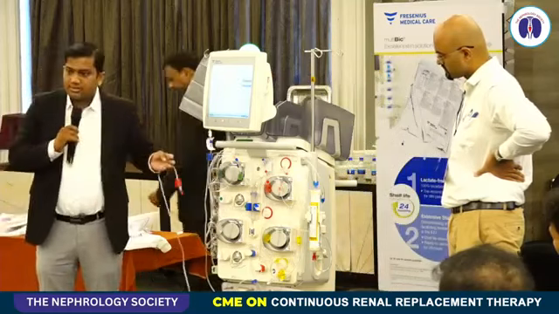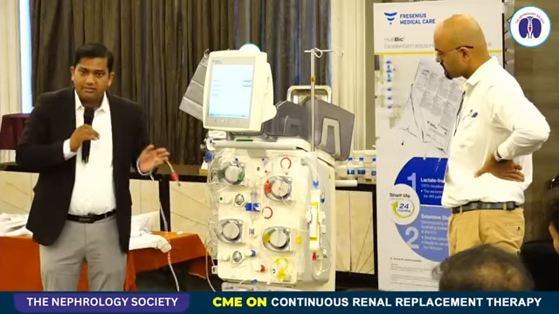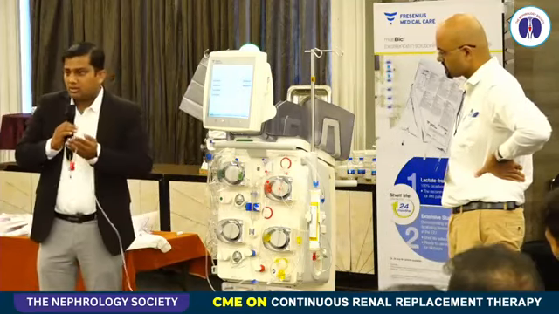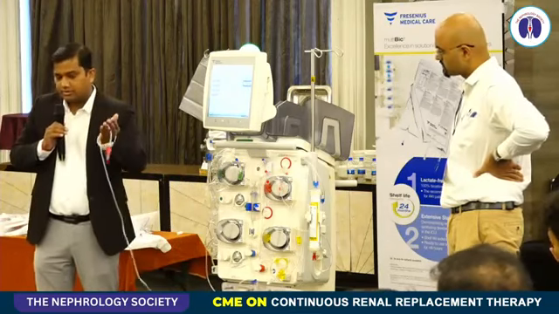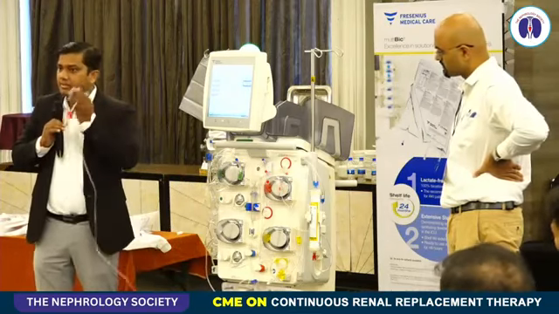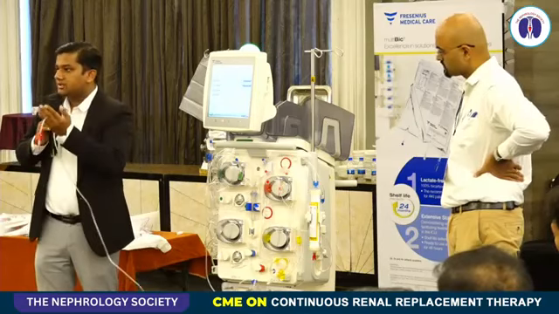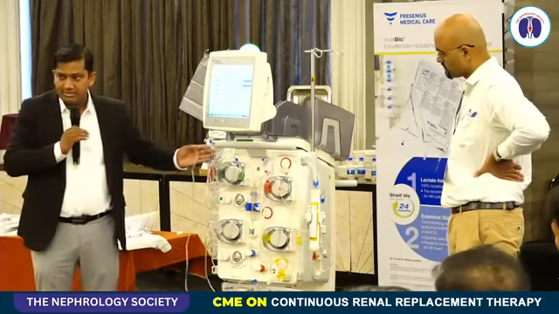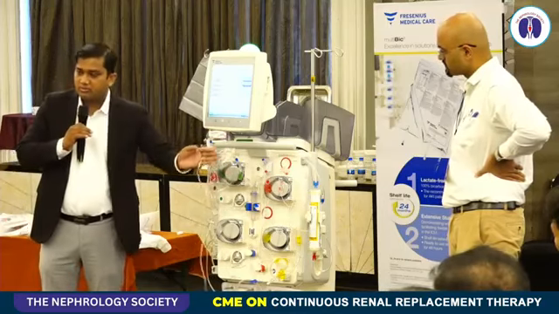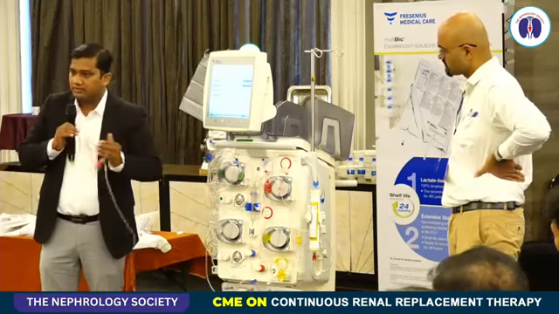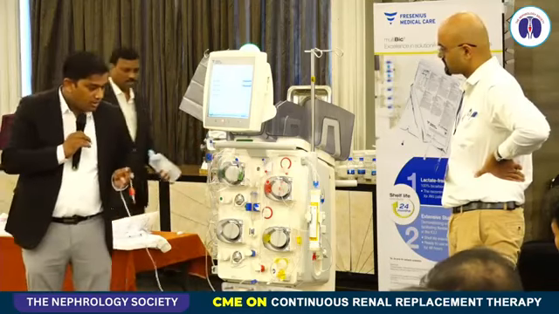And as sir has mentioned, using that circuit we can integrate other adsorbent columns like the Cytosorb, Polymyxin B, and HA330; those filters can be easily plugged in. That machine can be integrated with the ECMO with different circuit configurations.